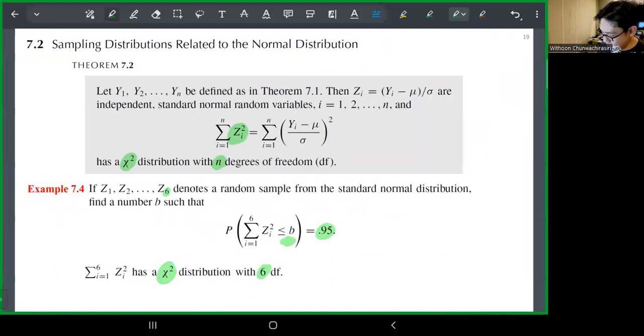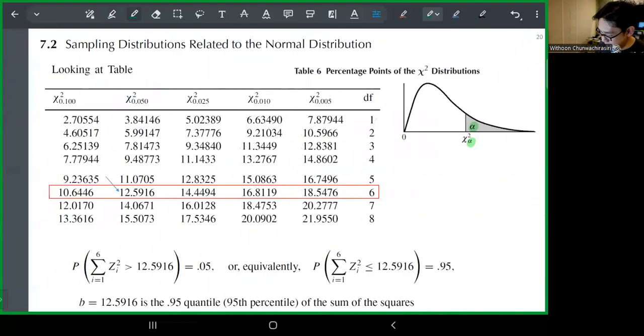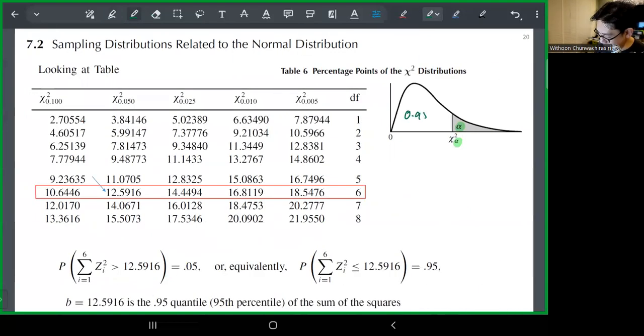Because you want to calculate the probability that the sum of the squared Z is less than B, with probability 0.95, that is the area over here, 0.95, less than or equal to. However, because this table quotes the area beyond, or to the right of, the value right there, you have to look for the column where alpha is 0.05, which is right here.